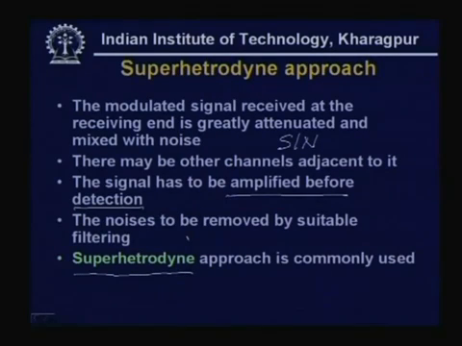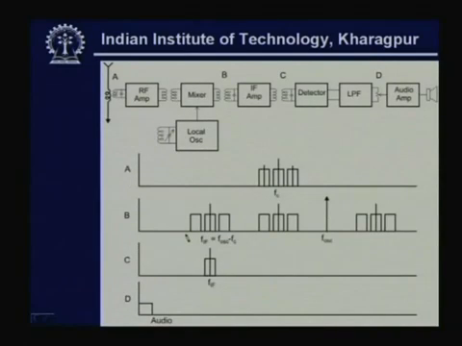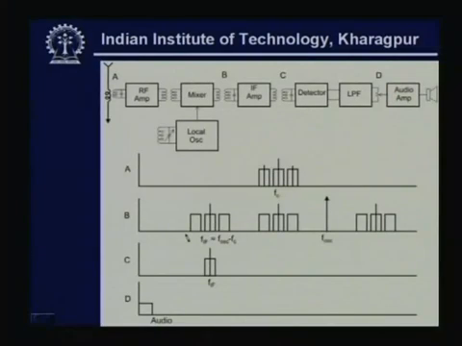Let me explain the super heterodyne approach with the help of the block diagram that is commonly used. Here you see you have an antenna. This is the complete receiver circuit. Here is your antenna where you are receiving a signal of the order of maybe microvolt or less.